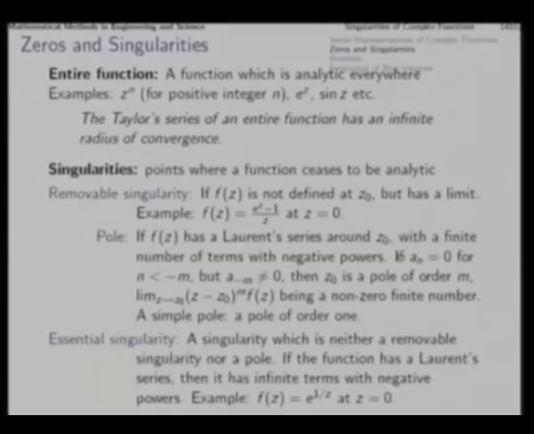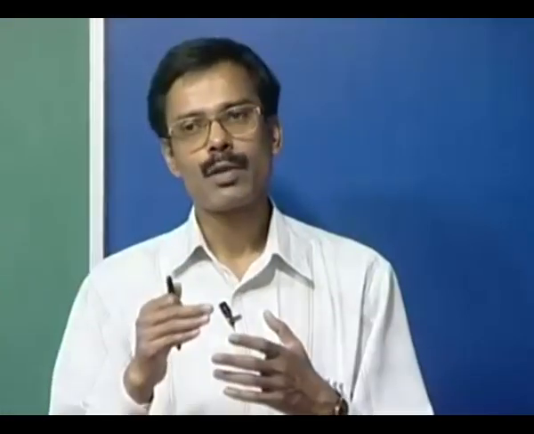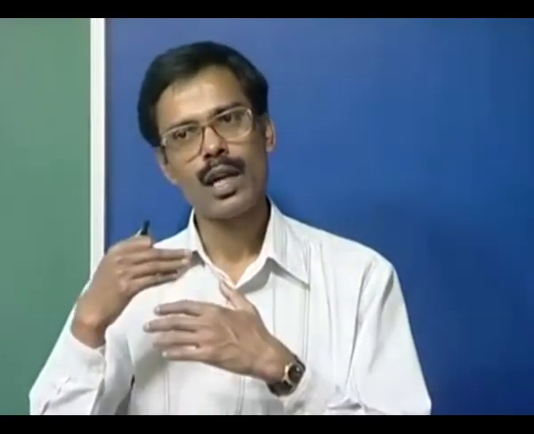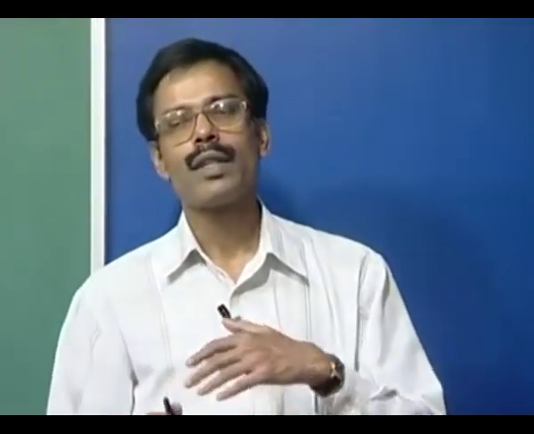That means that in the Laurent series with negative powers, suppose only one term is there, that is 1 by (z minus z0). If that is a single term, then you say it is a simple pole. If the highest negative power is (z minus z0) to the power minus 2, and minus 3, minus 4, minus 5, etc. are all absent, then you say it is a double pole.